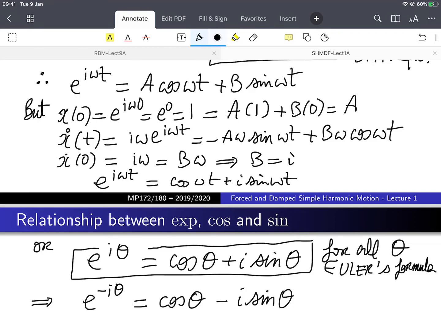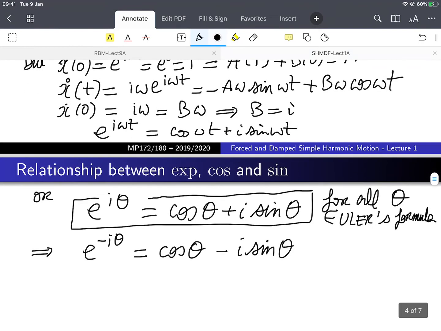Okay, so I went a bit fast here, but if you put cos minus theta, you get cos. If you put sine minus theta, you get minus sine theta. And then if I add those two equations, I'm going to get rid of the sine theta part.